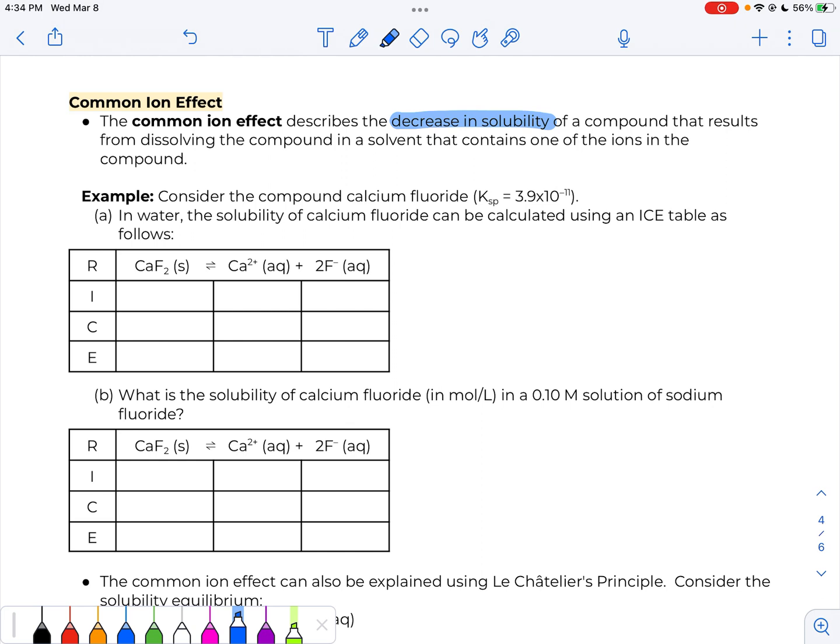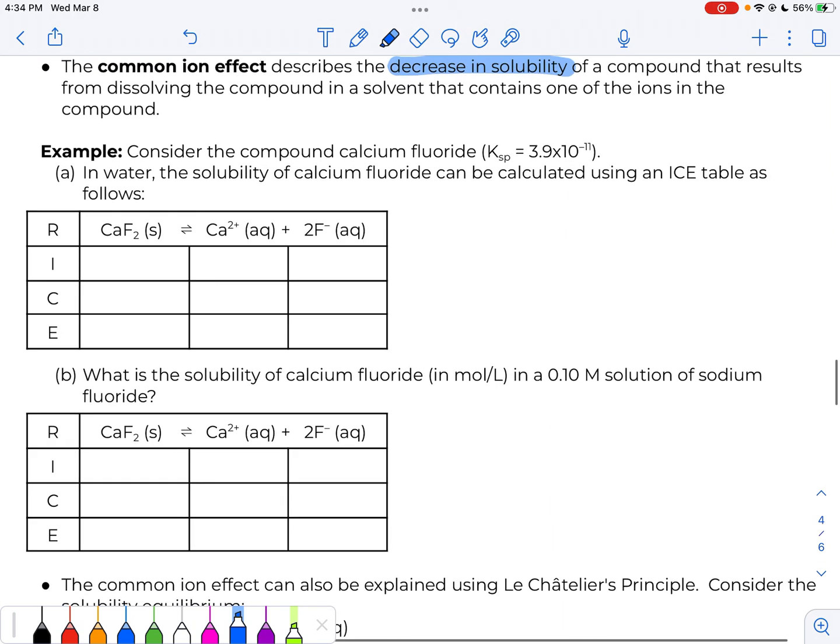So consider the compound calcium fluoride with a Ksp of 3.9 times 10 to the negative 11th. In water, the solubility of calcium fluoride can be calculated using an ICE table. So we have calcium fluoride. It's going to dissociate into its ions, Ca2+ and F-.